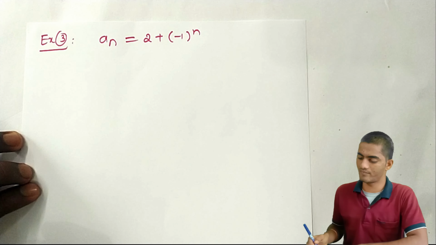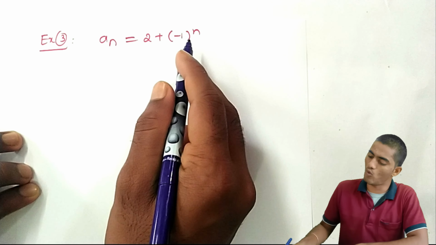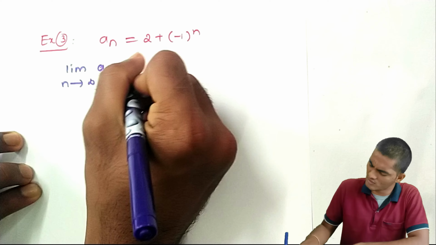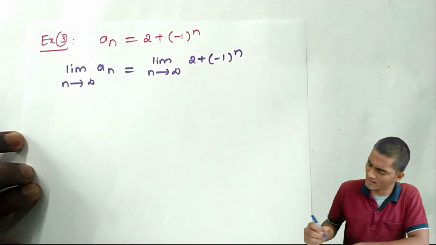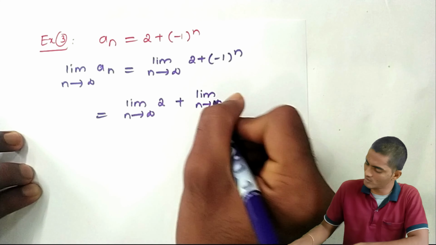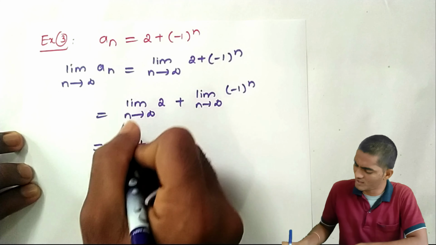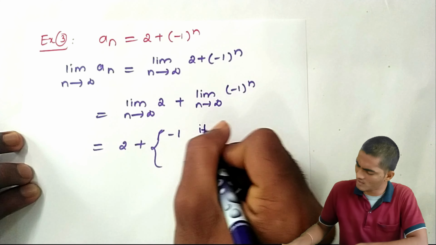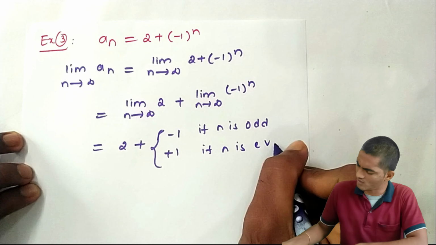Next one is example 3. Here we have given the nth term an equal to 2 + (-1)^n. Applying the limit to the nth term, the limit as n tends to infinity of an equals the limit of 2 + (-1)^n. Dividing the limit, 2 plus the limit of (-1)^n, which is 2 plus -1 if n is odd, plus 1 if n is even.